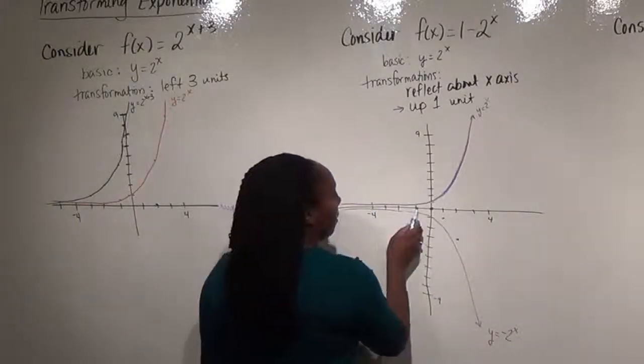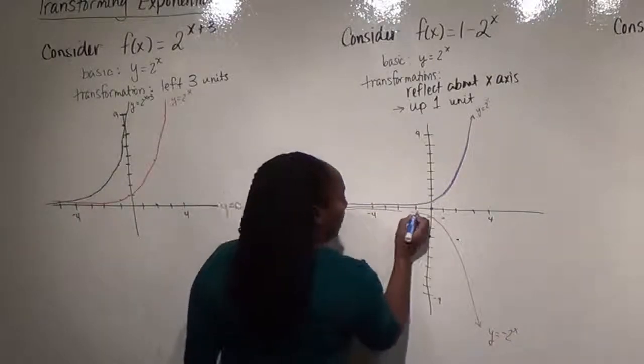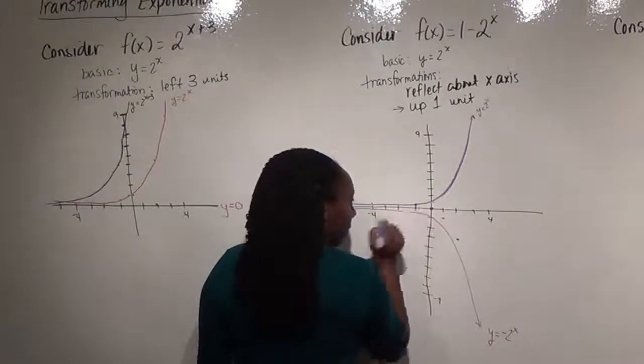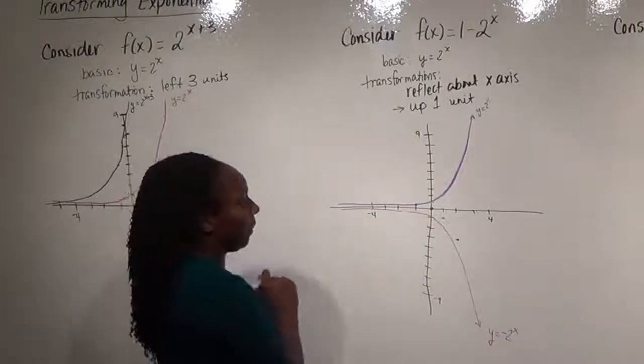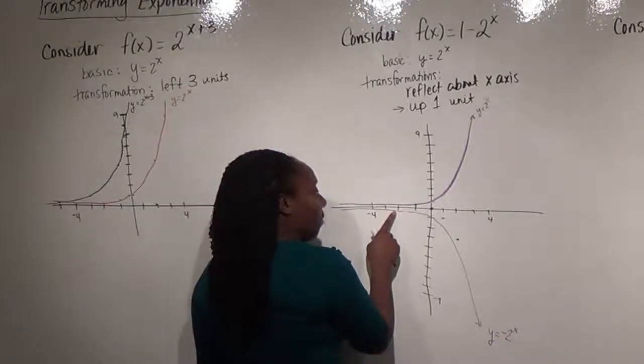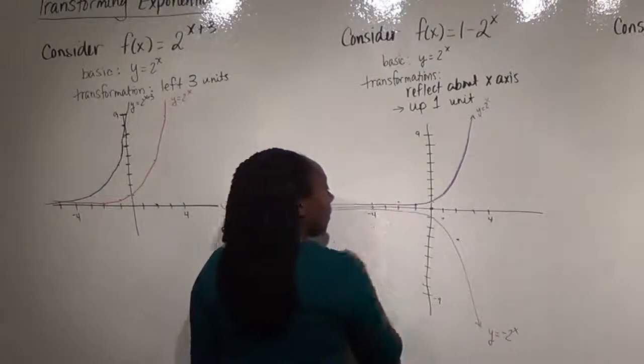On the other side, our point that was negative 1, negative 1/2 is now going to be negative 1, positive 1/2. So it's kind of going back to where we were there. And our point that was at negative 2, negative 1/4 is going to go up to positive 3/4.